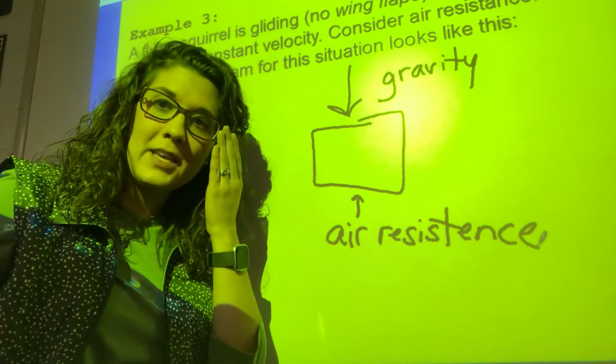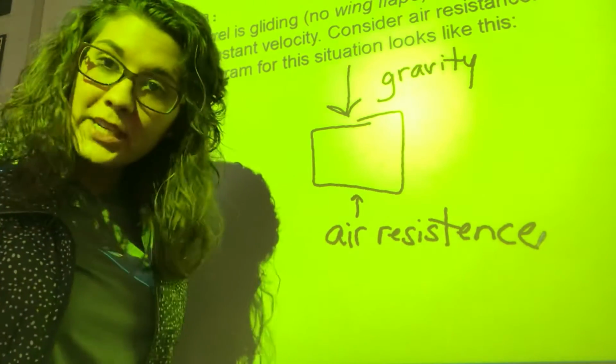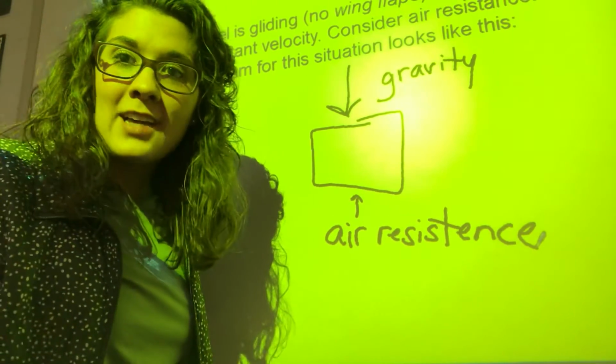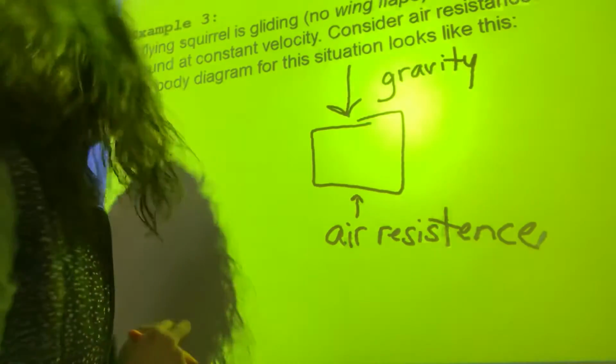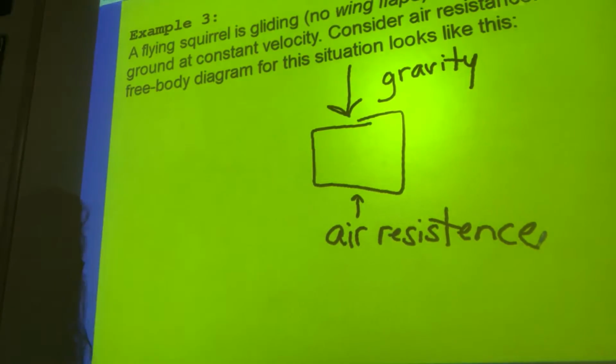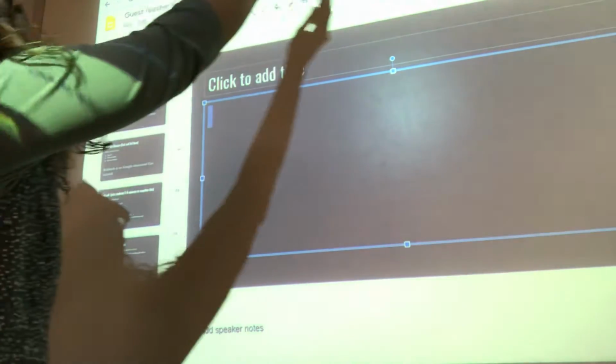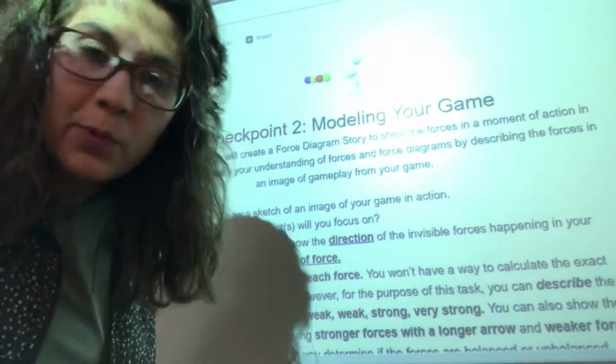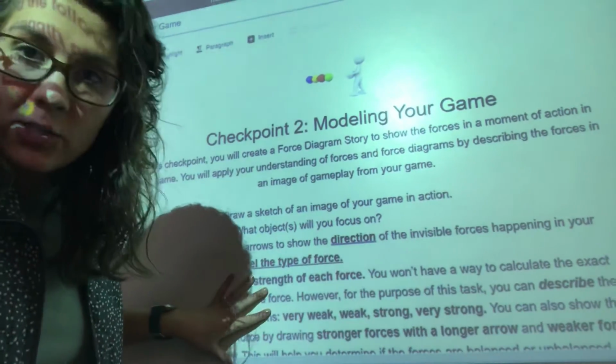You guys are going to jump into your project in a minute, and I just want to go over a few things with that too. So give me a second, let me get to it. All right, when you get in checkpoint 2, it's going to give you lots of directions.